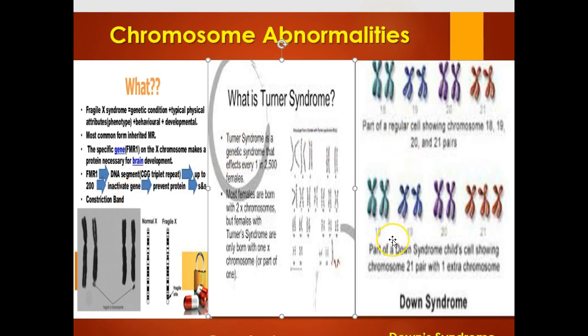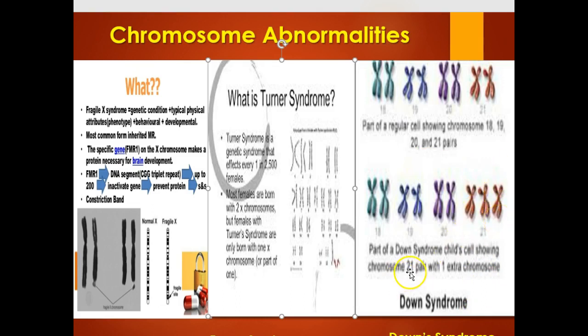Down syndrome, which we are more familiar with, we used to call trisomy 21, a part of a regular cell showing chromosome pairs 18, 19, 20, and 21. And on that 21st pair, you have an extra chromosome.